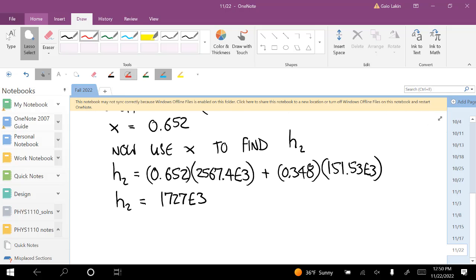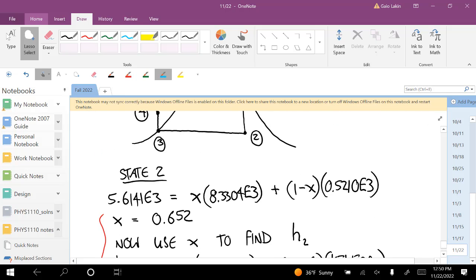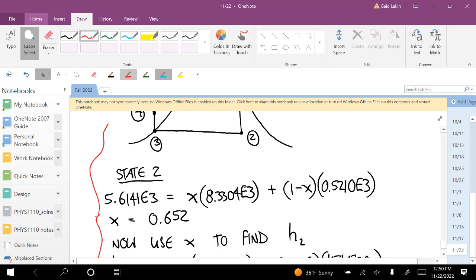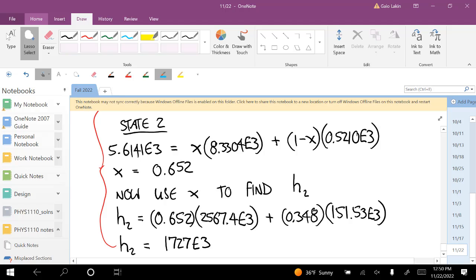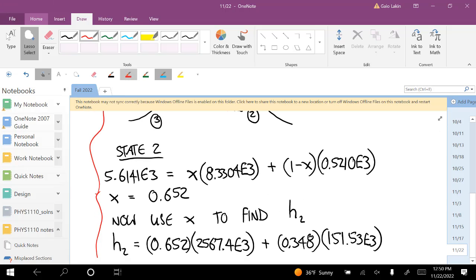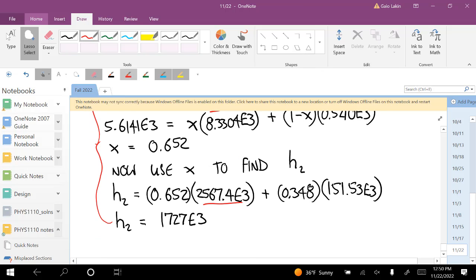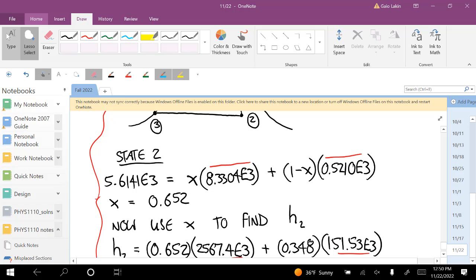Okay, so this gives us our H2. And now the only one we have left is H4. Let me get this in your notes too. So this and this and this and this are just all table.